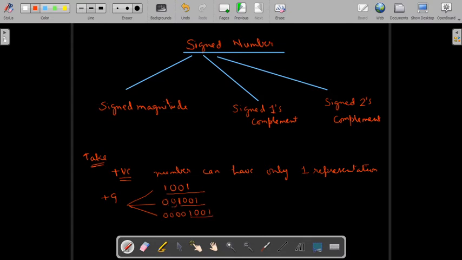However, these zeros have no significance here. Whereas minus 9 can be represented in three different ways: either sign magnitude representation, or it may be signed one's complement representation, or it may be signed two's complement representation.